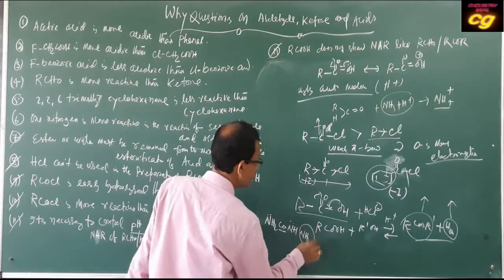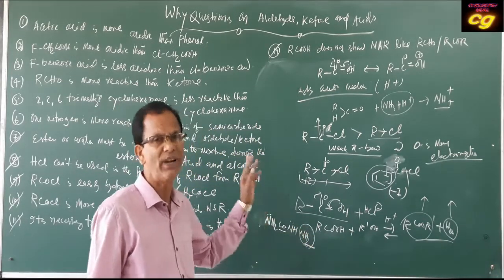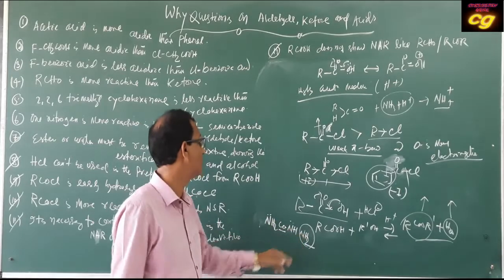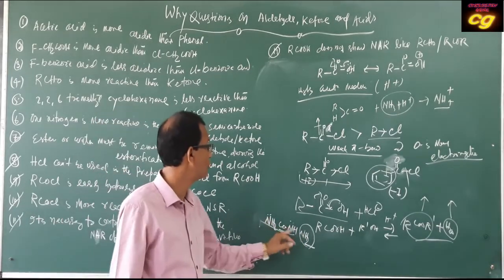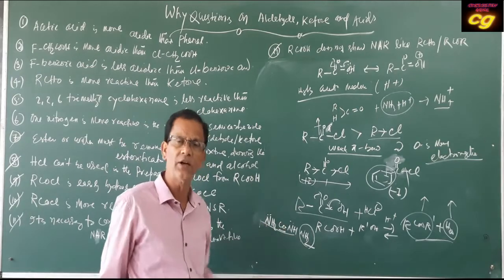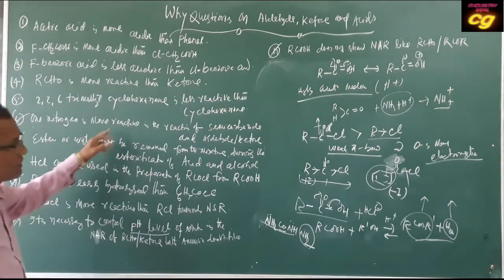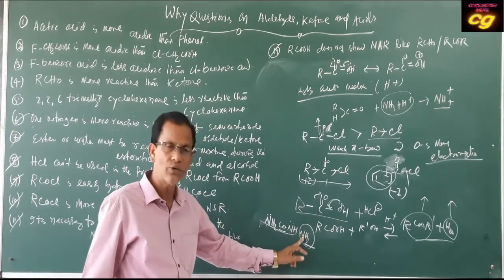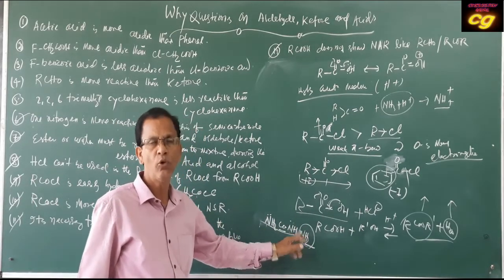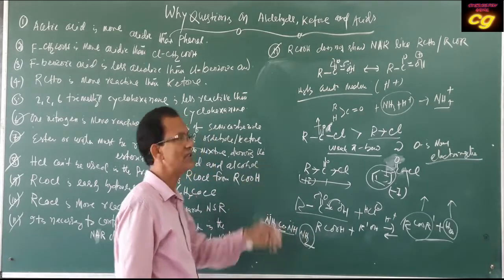So the last nitrogen has more electron density, a better nucleophilic character, and will be a better nucleophile compared to the other 2 nitrogens. That's why out of 3 nitrogens, 1 nitrogen is more reactive, because this last nitrogen has more electron density as it is away from the keto group. This is the answer.